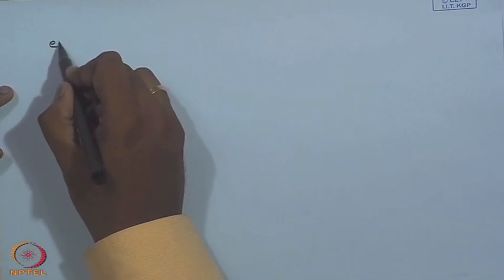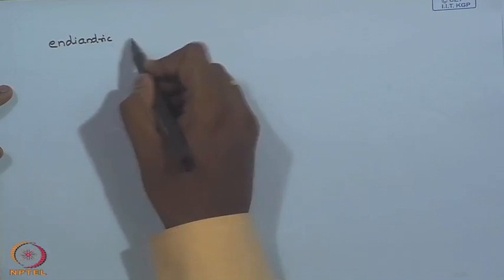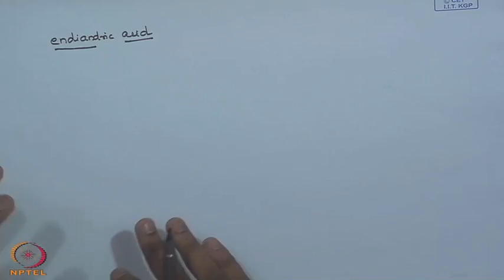Now we will start with some simple synthesis of molecules. Okay, we will see, I've heard about this endiandric acid. If you consider the synthesis of endiandric acid, it's a cascade of pericyclic reactions.